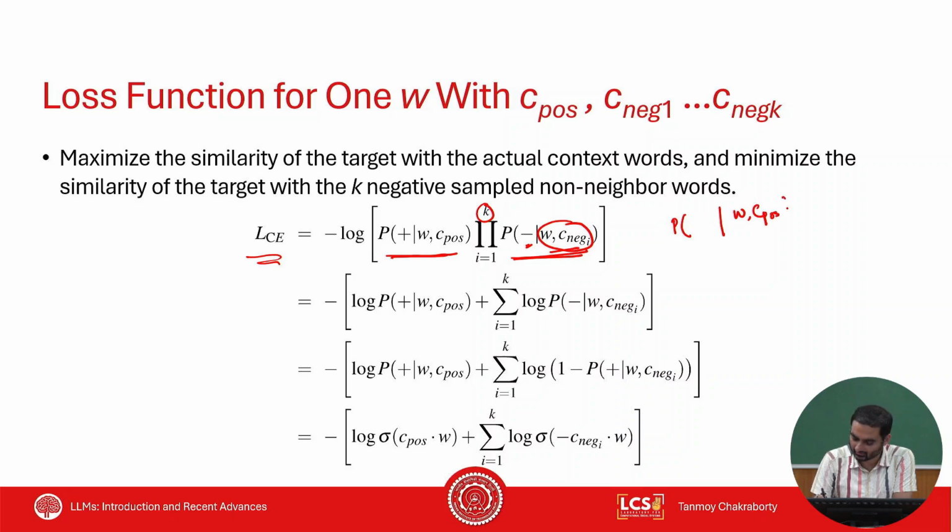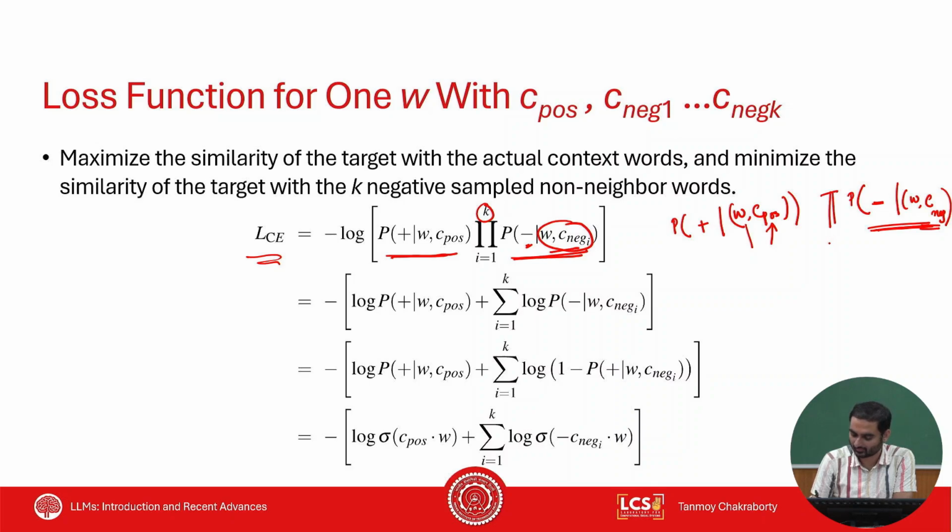What is C pos? C pos is the embedding of the positive context, and W is the target word. So what is the probability that this is positive? Similarly, I have W and C neg, this one negative context. What is the probability that this is a negative context? And there are k such negative samples that I have already sampled.